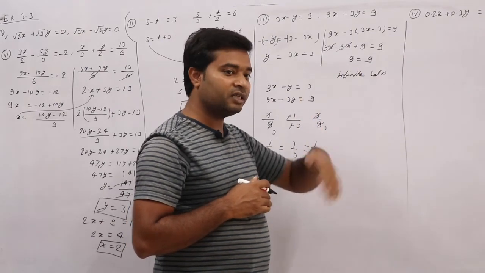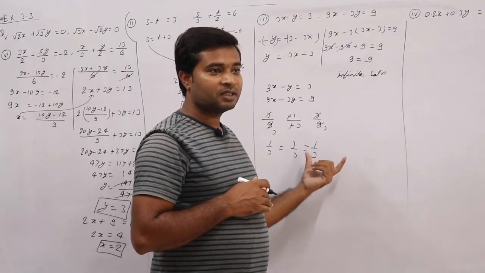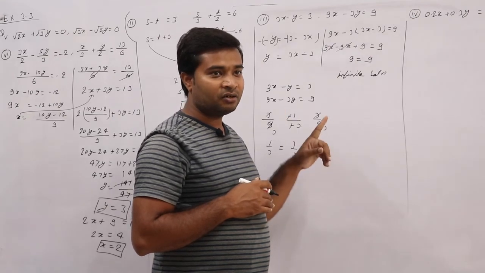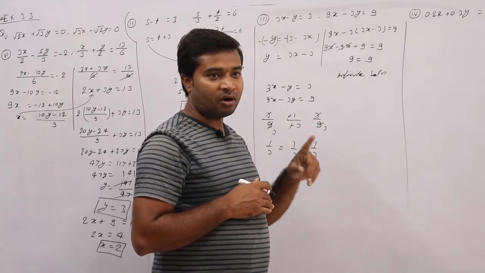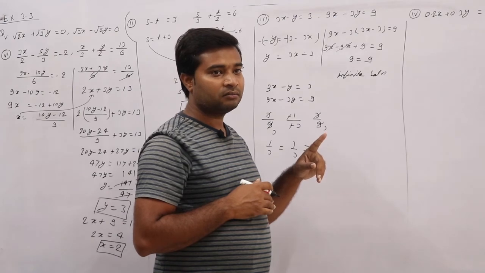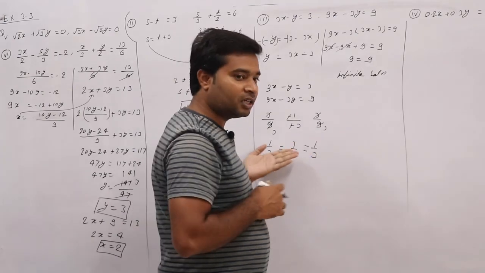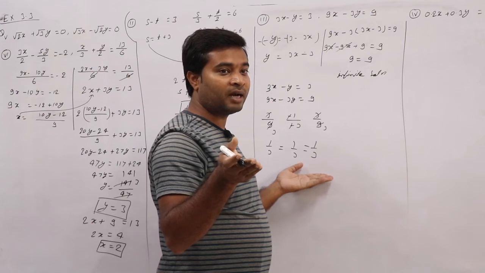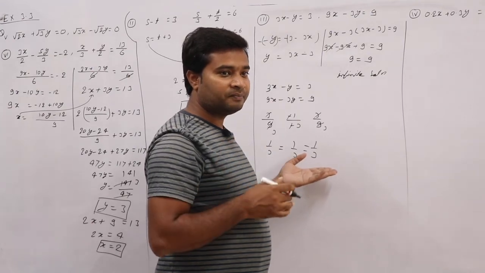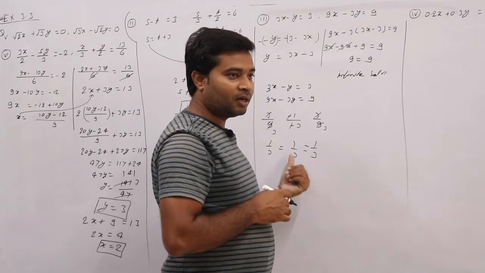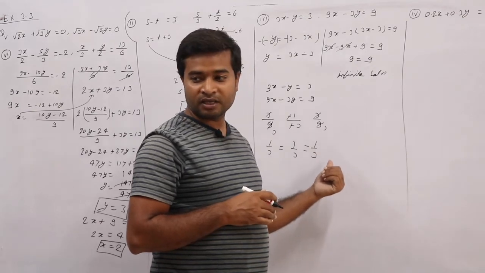Achha, now how will the graph be? Intersecting, coincident, or parallel. Intersecting will come when they are not all equal. When a1 by a2, b1 by b2, c1 by c2 are equal, which kind of graph will come?